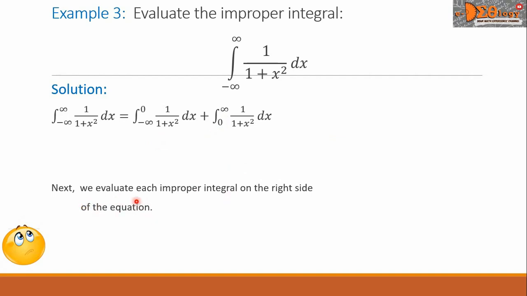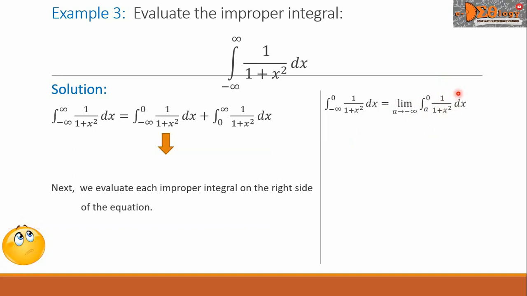Next, we evaluate each improper integral on the right side of the equation. Let's begin with the first integral here. Let us copy the integral on this side, and with our formula, this is equal to the limit of the integral from a to 0, 1 over 1 plus x squared dx as a approaches negative infinity.